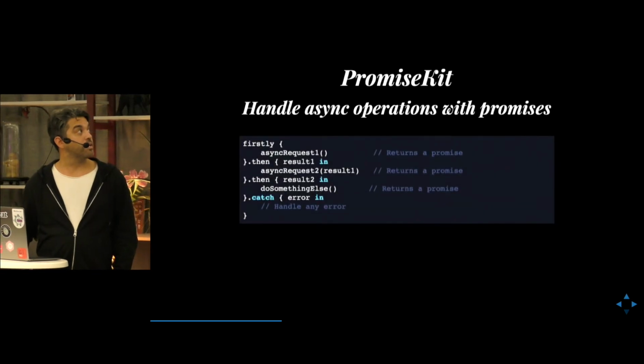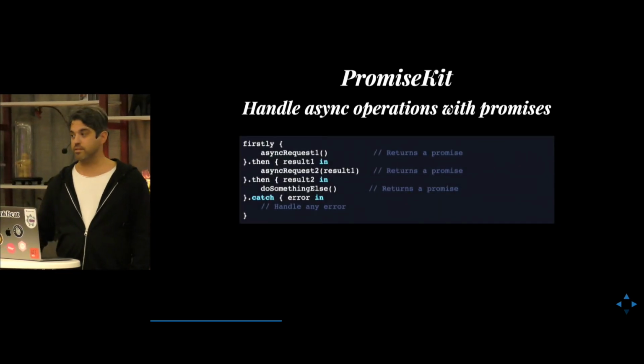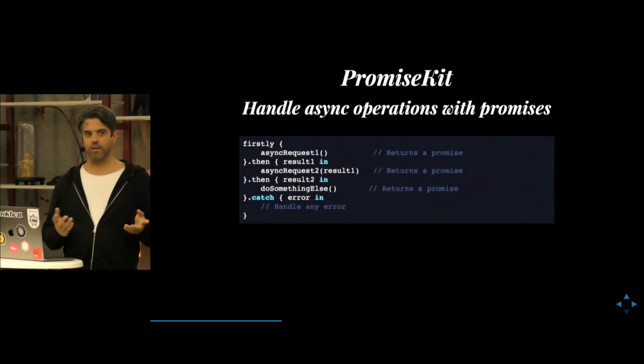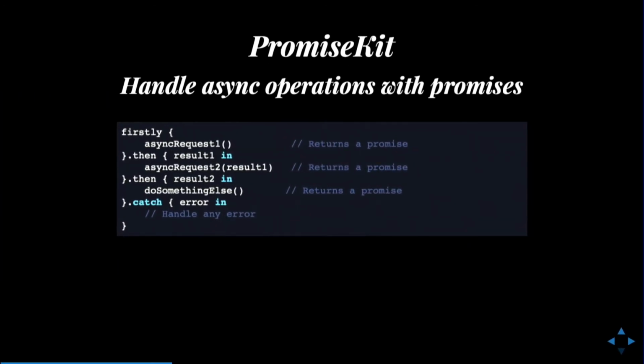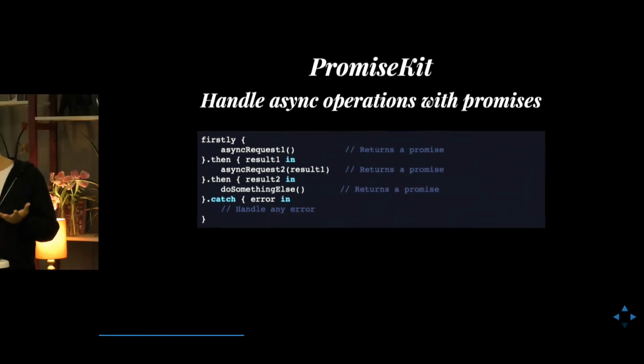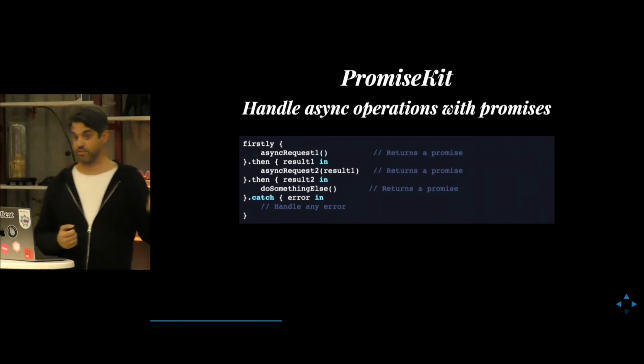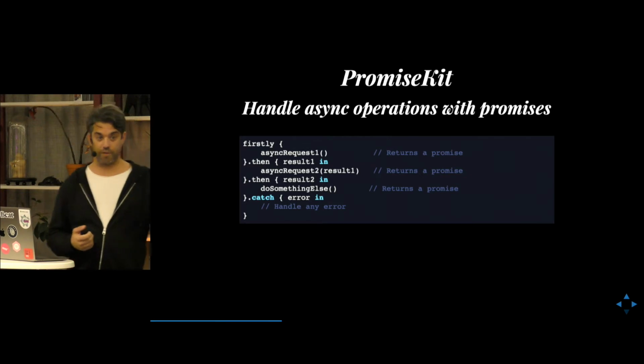We have one library called PromiseKit, which, how many of you have worked with promises? So, yeah, a few of you. Basically, if you use PromiseKit, instead of having completion blocks, your asynchronous calls return an object, a promise, that can either succeed with a future result or fail.